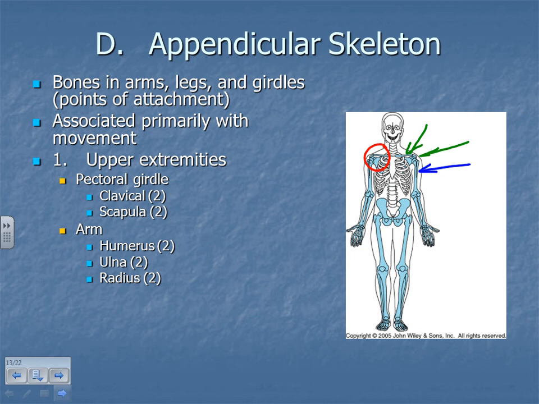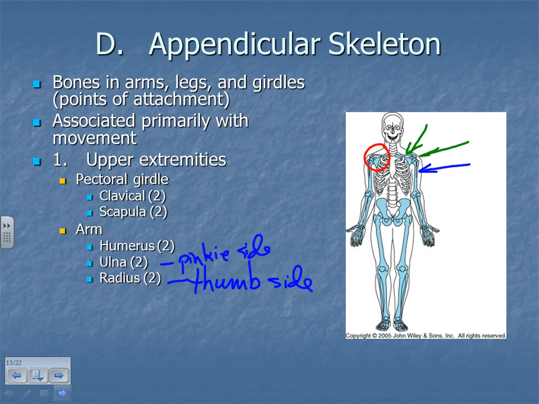Now the way to tell the difference is the radius is always thumb side. The radius is always thumb side. Okay? The ulna is pinky side. And if you can come up with a way to do that, pinky side. Okay? A pink ulna, I don't know, whatever way you want to think about it.